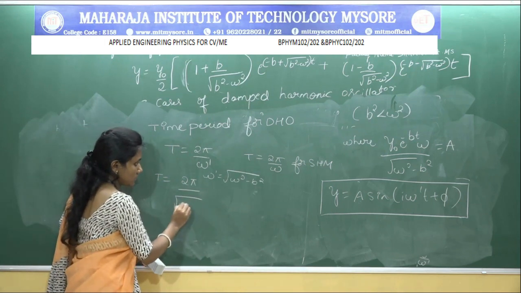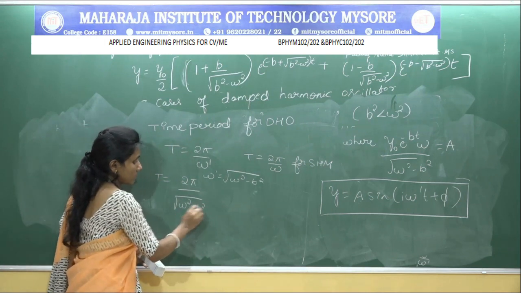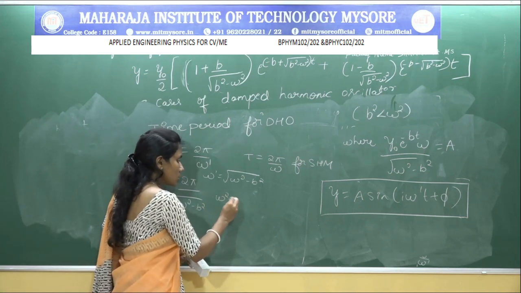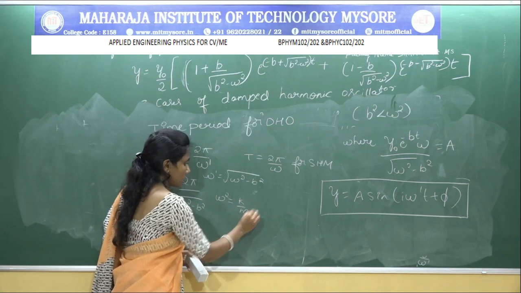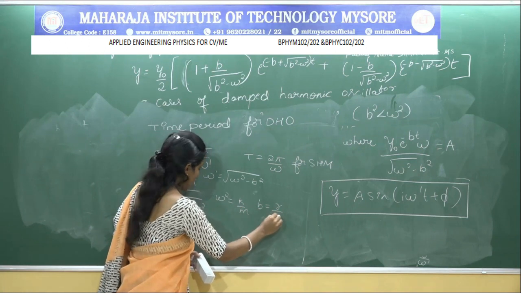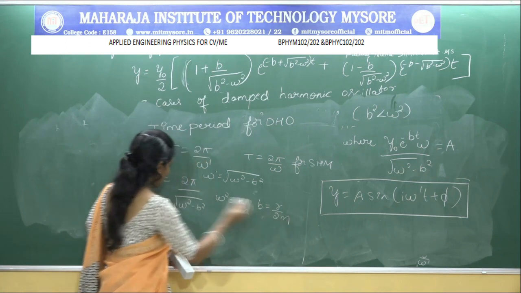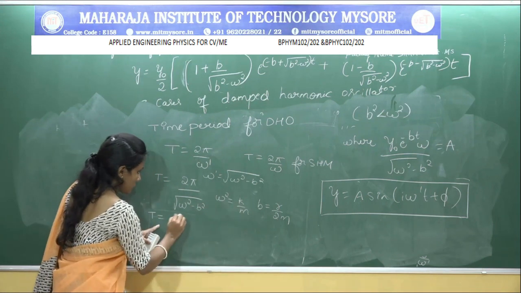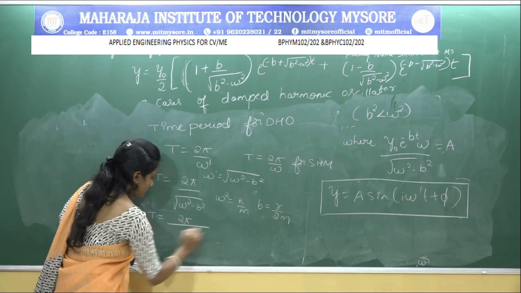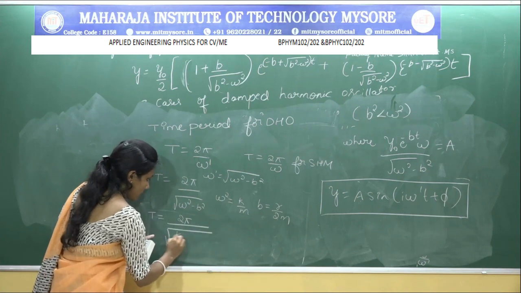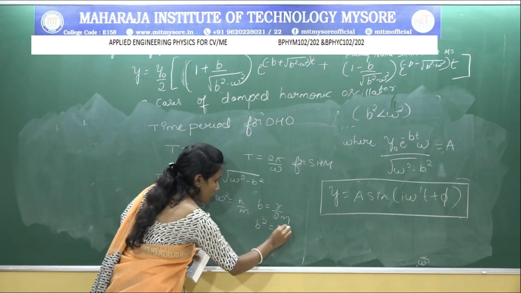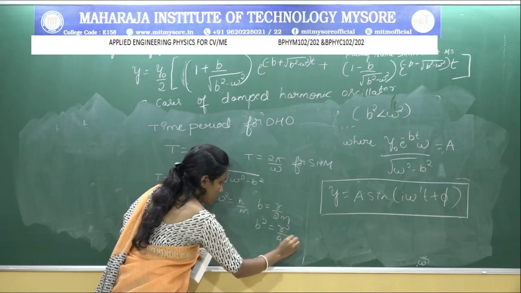So if we substitute this, omega square minus b square. Omega square is equal to k by m, and b is equal to r by 2m. When we substitute these values in the above equation, we will get k by m minus b square, where b square is equal to r square by 4 m square.